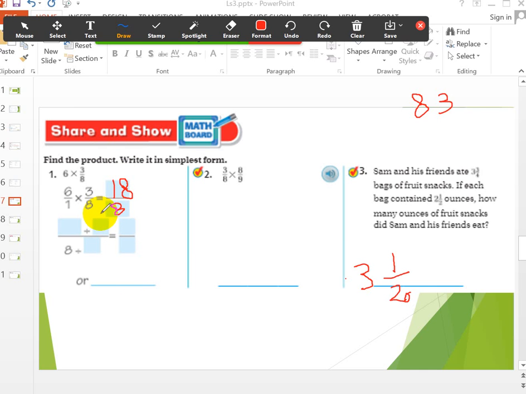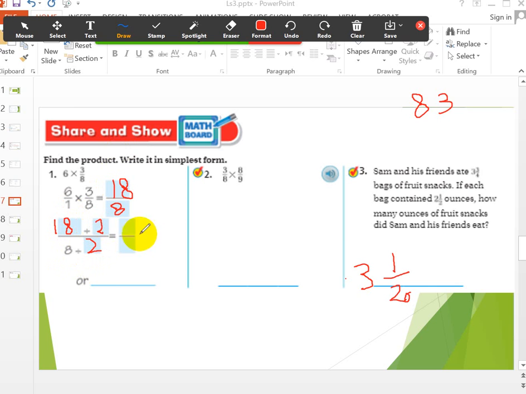What is the number that I can divide both by? It's 2. Excellent. I can divide both 18 and 8 by 2. So the greatest common factor for both numerator and denominator is 2.